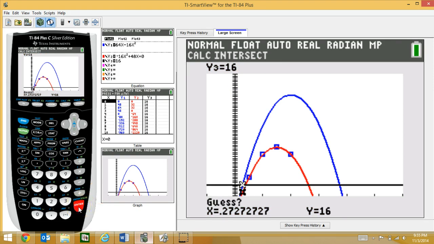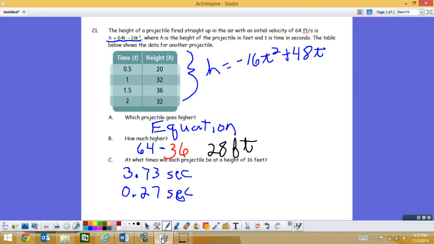So we're going to hit enter on both of those, and then hit enter on our guess. So the red graph is 16 feet off the ground at 0.38 seconds. That's when it's on its way up. So 0.38 seconds on the way up.